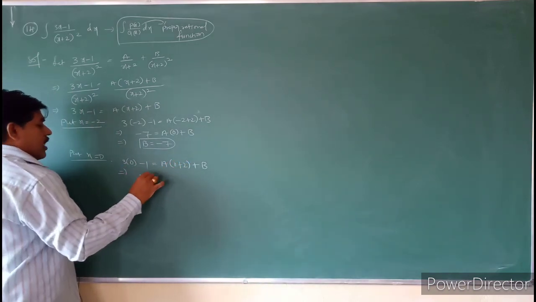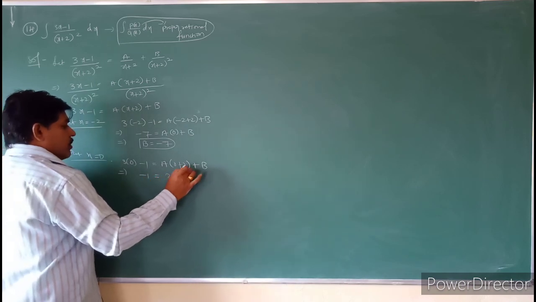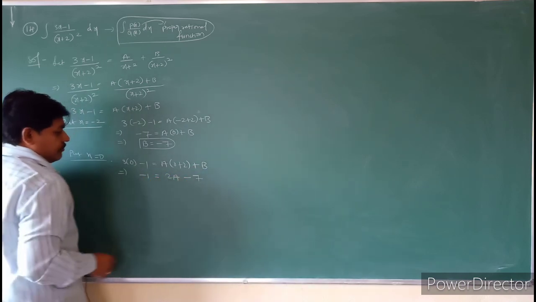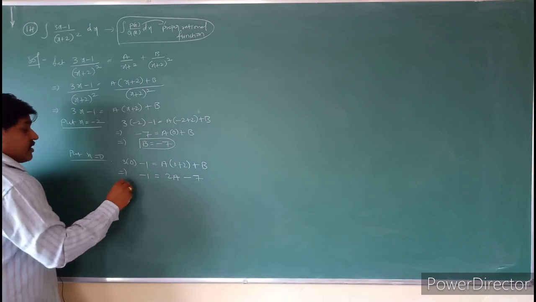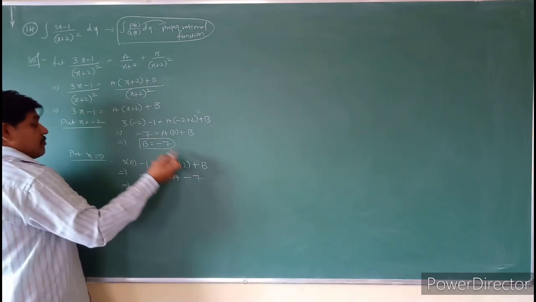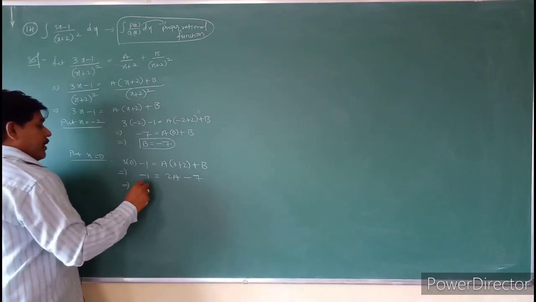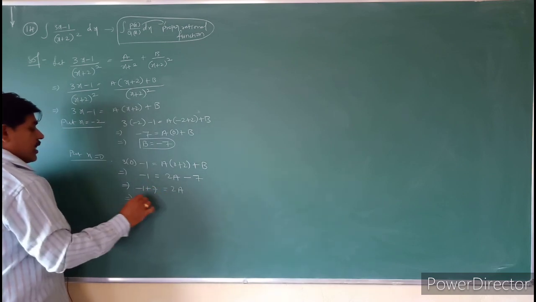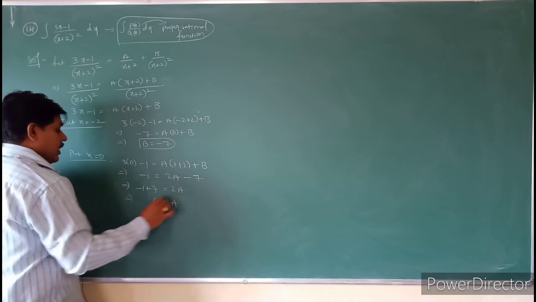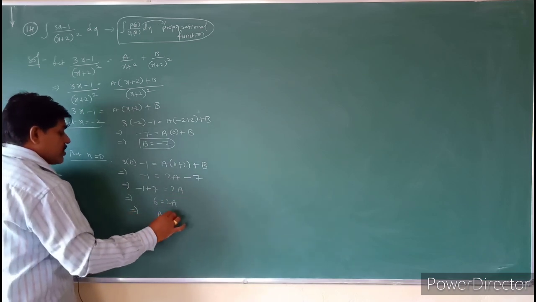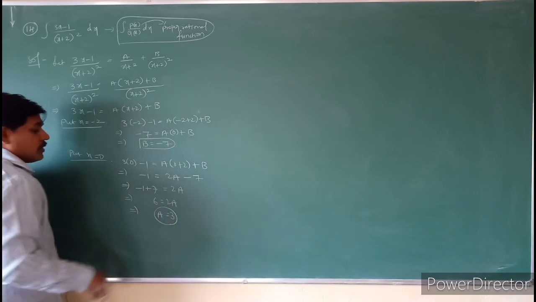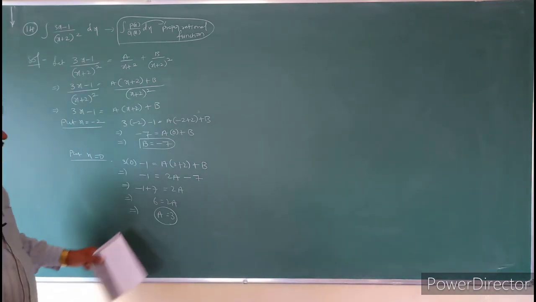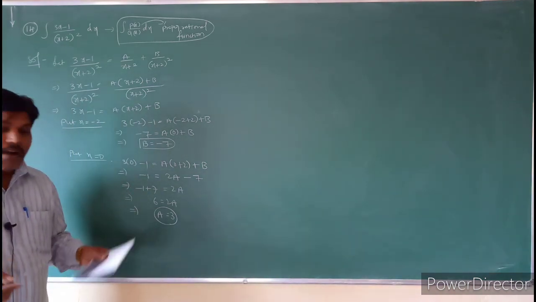So minus 1 is equal to 2a plus b, and the b value is minus 7. Take this minus 7 to this side: minus 1 plus 7 is equal to 2a. So 6 is equal to 2a, that implies a is equal to 3. So the a value is 3 and the b value is minus 7.